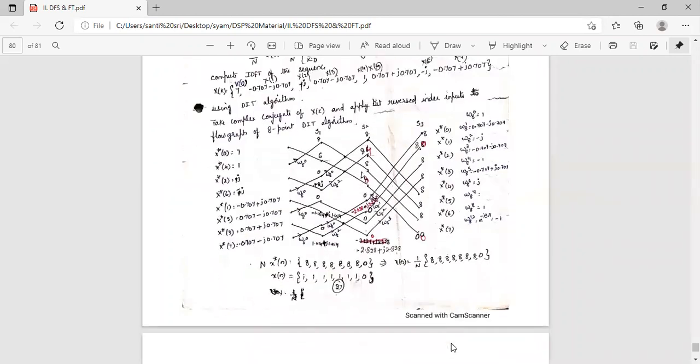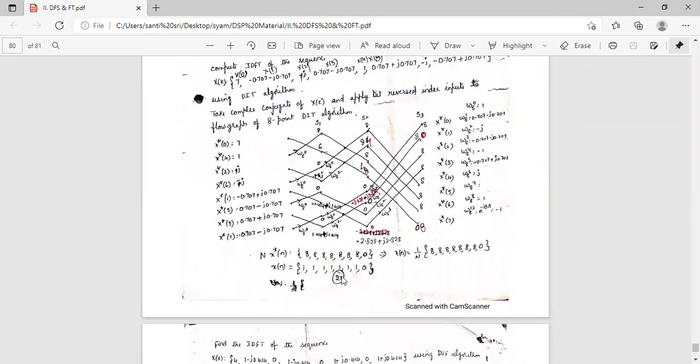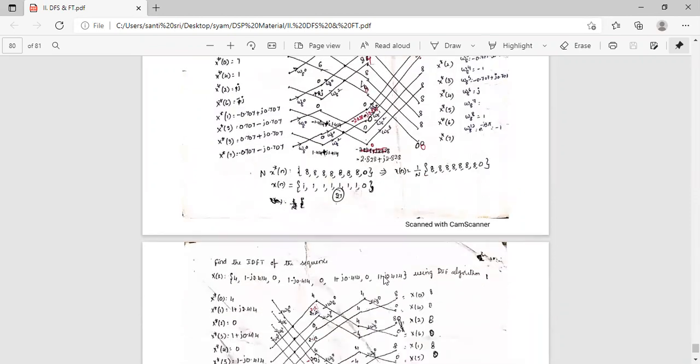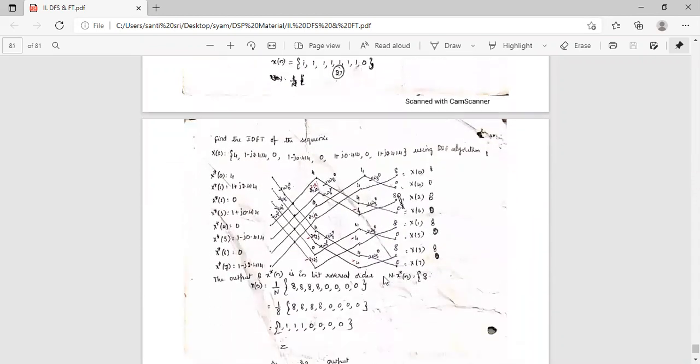So these are the bit reversal values, and with the same procedure we will get n into x star of n, or x of n equal to multiply by 1 by n into this one. So n by n into n, so that we will get x of n is all ones and the last one is 0. Okay.